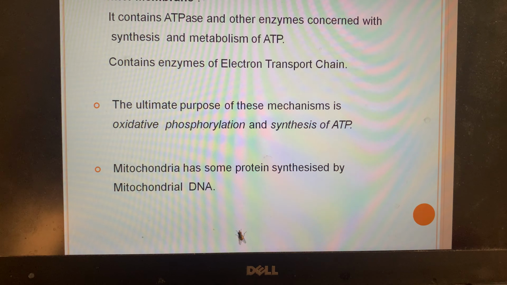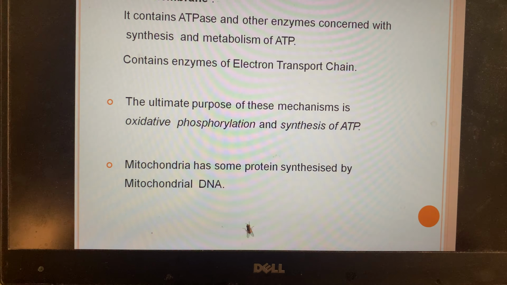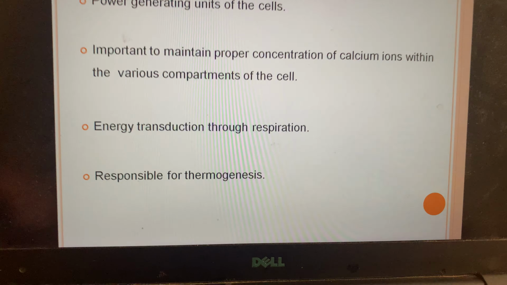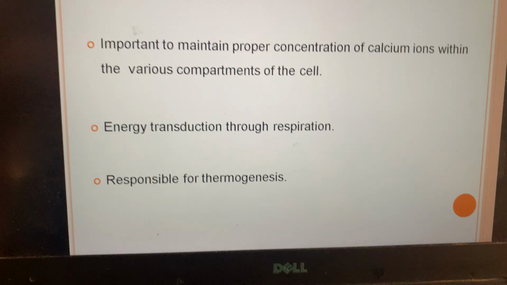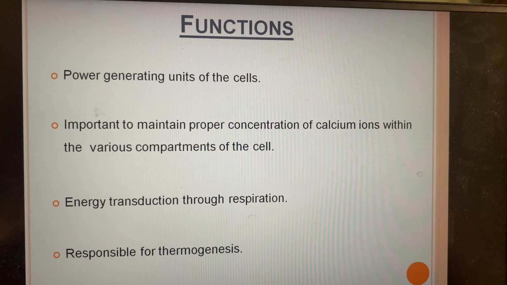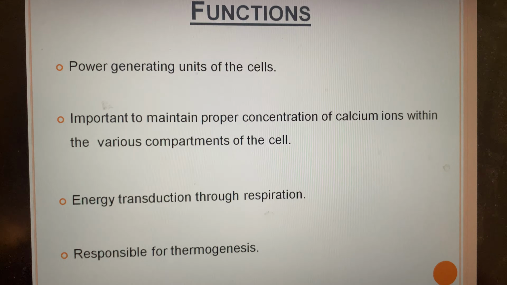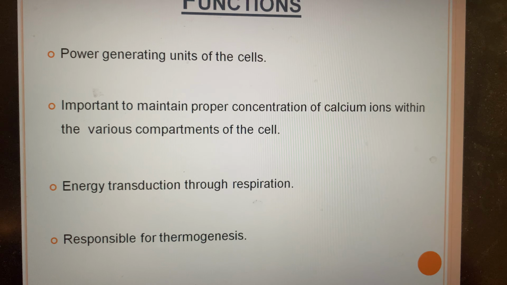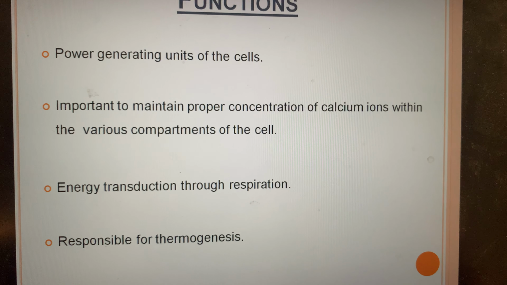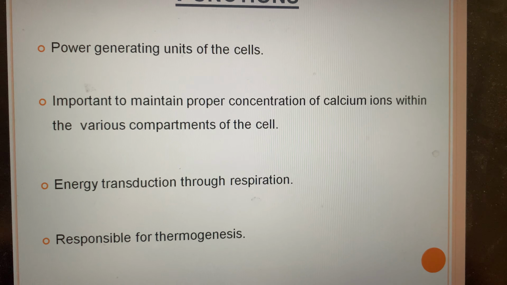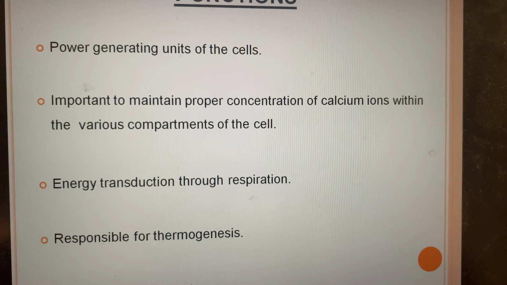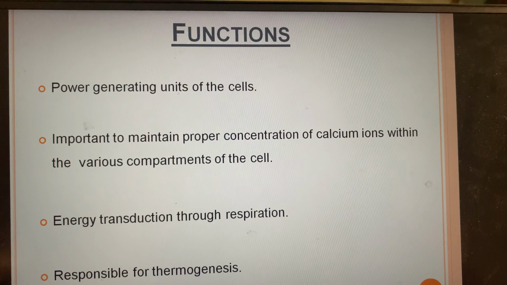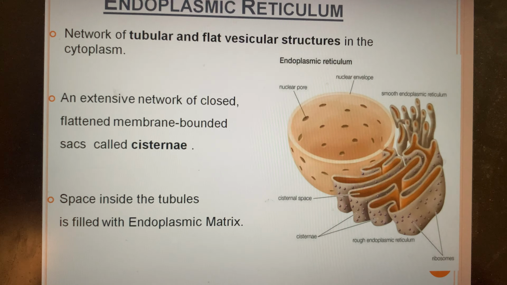Mitochondria have some proteins synthesized by mitochondrial DNA. Functions: they generate power for the cells, they are important to maintain proper concentration of calcium ions within the various compartments of the cell, and through energy transduction by respiration they regulate the energy of the cell.